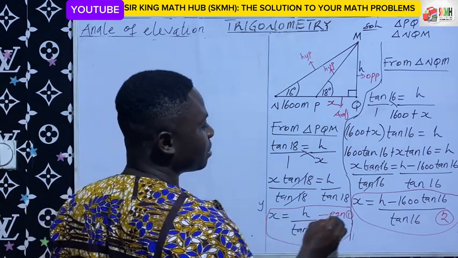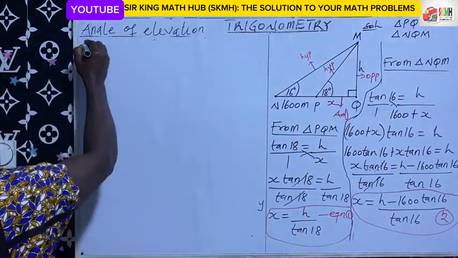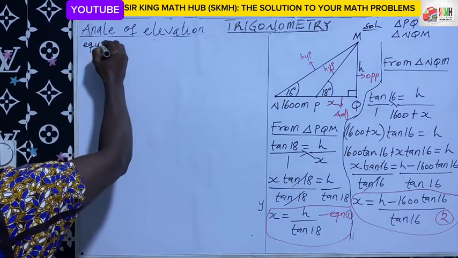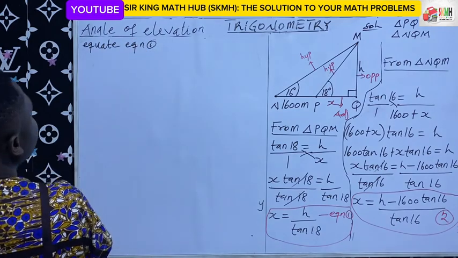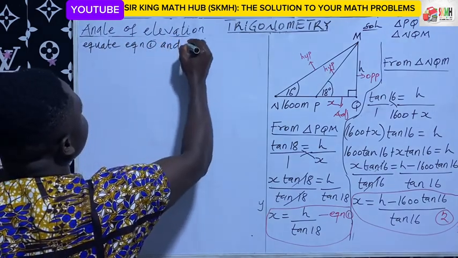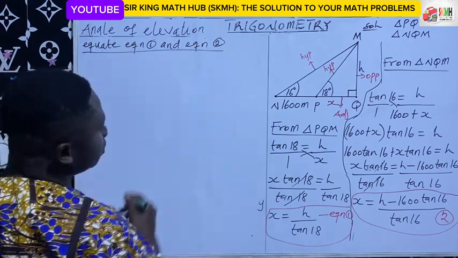So x must be equal to x. So at this point we can equate equation 1 and equation 2. Let's equate the two equations.